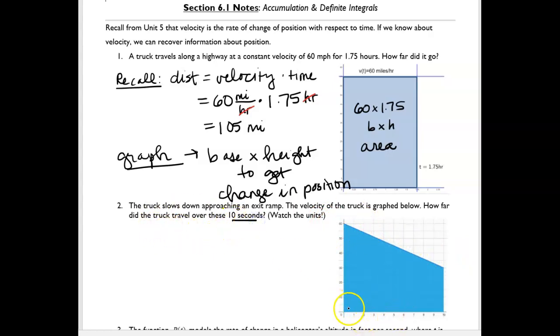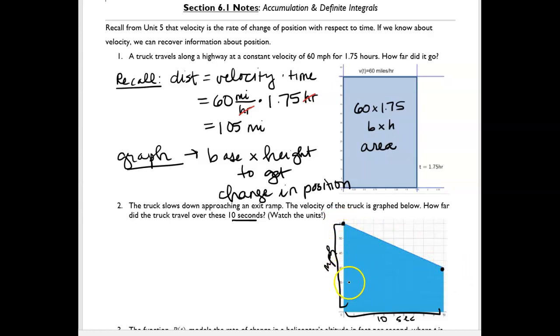So notice at the bottom here we have 10 seconds. And I'm starting up here, this is in miles per hour still. So I start at 60 miles per hour, I end at 30 miles per hour because the truck is slowing down.